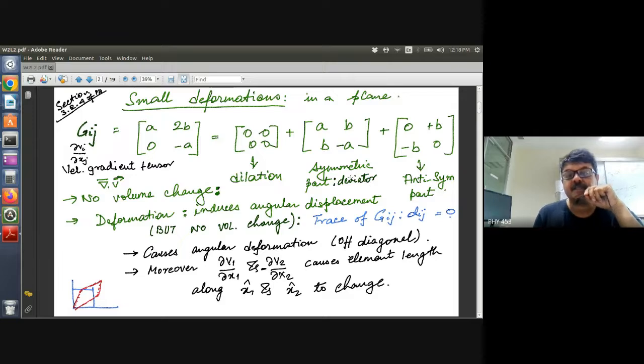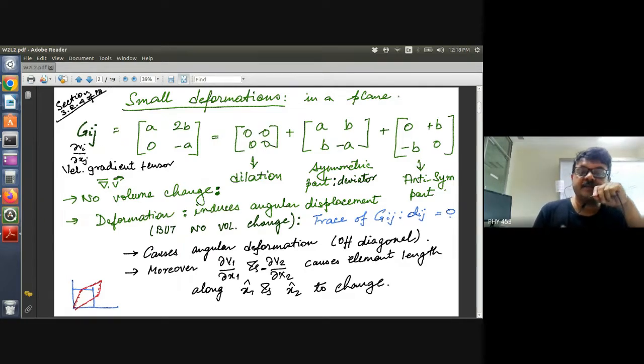The symmetric part in turn can be broken down into two parts, the so-called dilation part and the deviator matrix. Each of these has a different significance in terms of the way the fluid gets distorted because of velocity gradients in the flow.